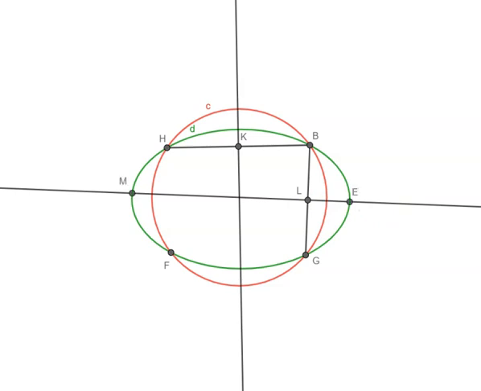So E, M, N, O, A, C, I. Just to get rid of these lines, let's join M and E, and let's mark the points of intersection. Left out one. Okay. Now we can hide these two lines.